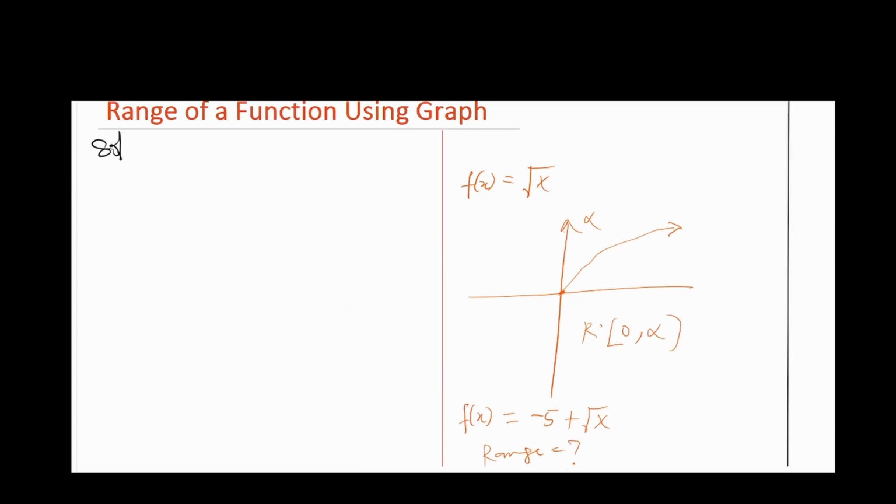Okay, solution. Now we have to sketch the graph, and we'll see that our value for x is positive, and we have -5. So let's sketch the graph.